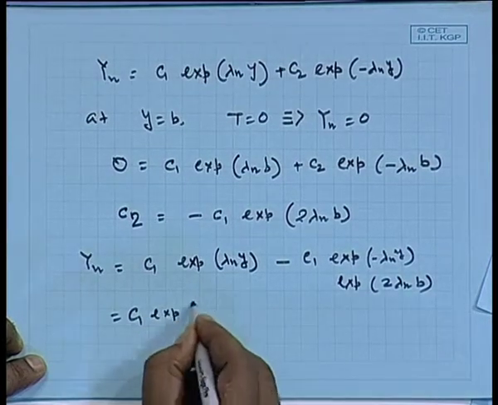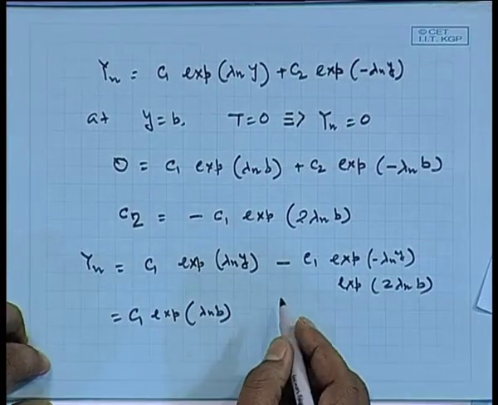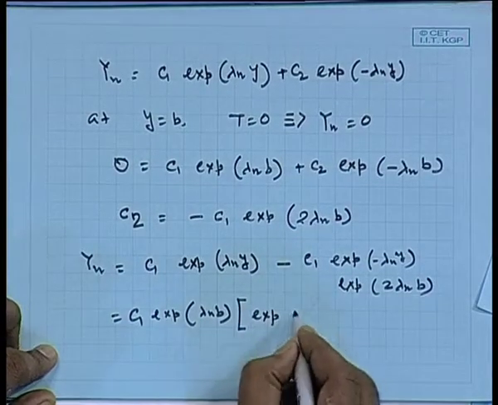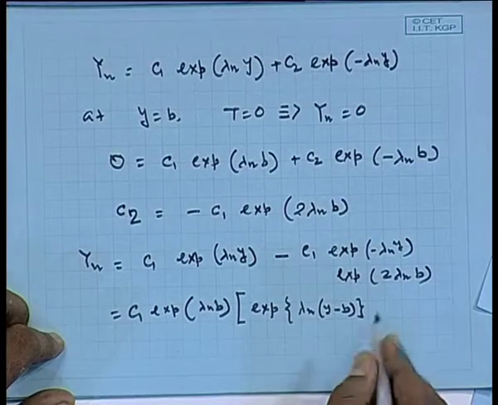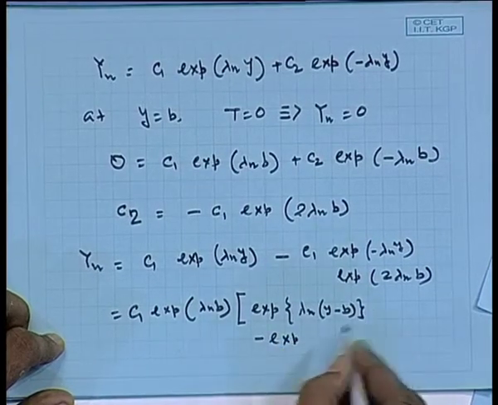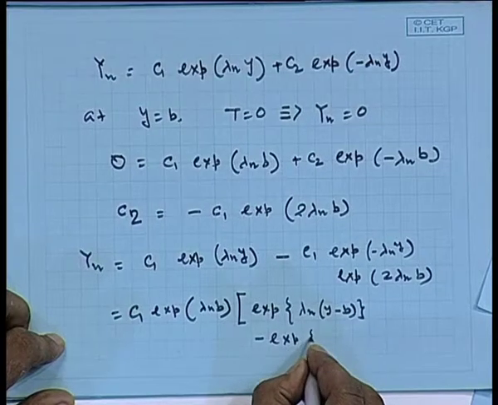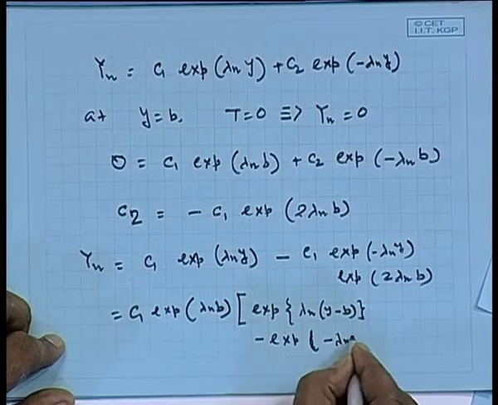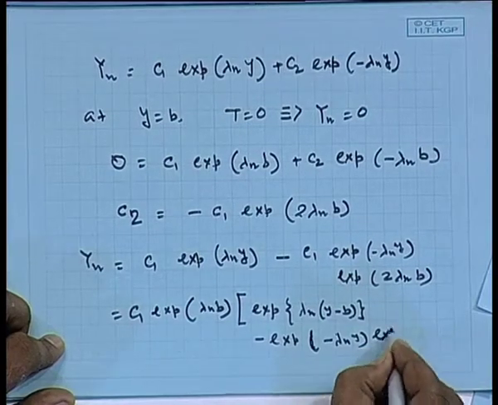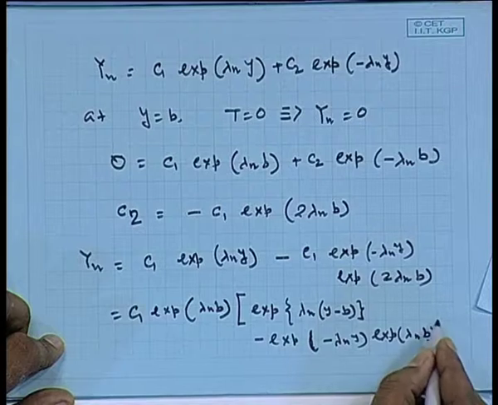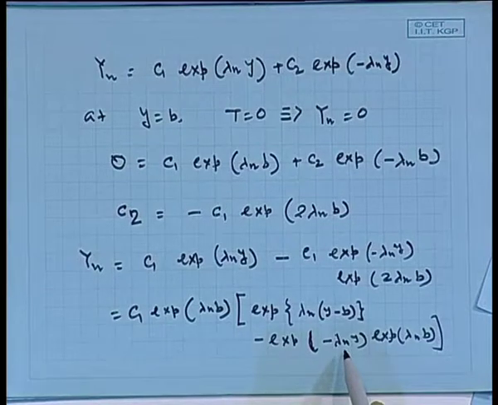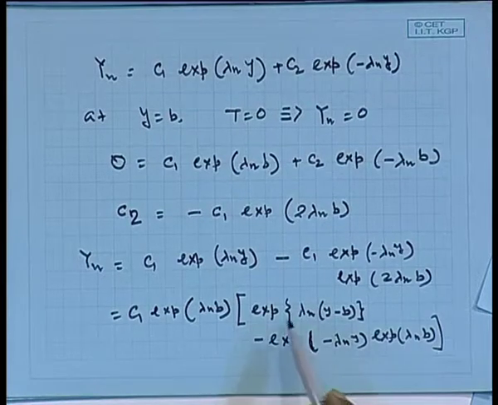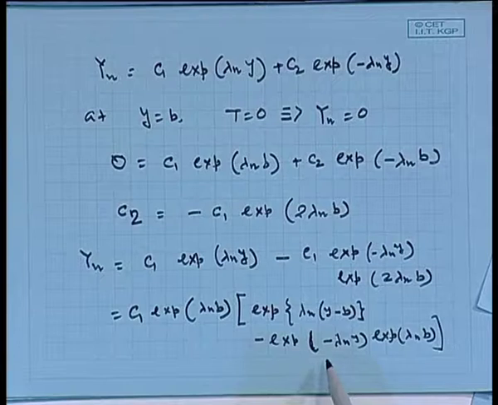This becomes exponential lambda n (y minus b) minus exponential minus lambda n (y minus b), right. With exponential lambda n b there.